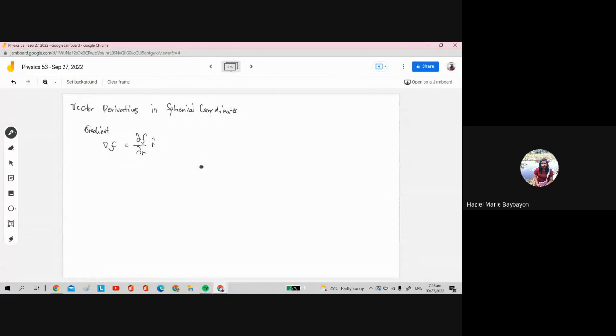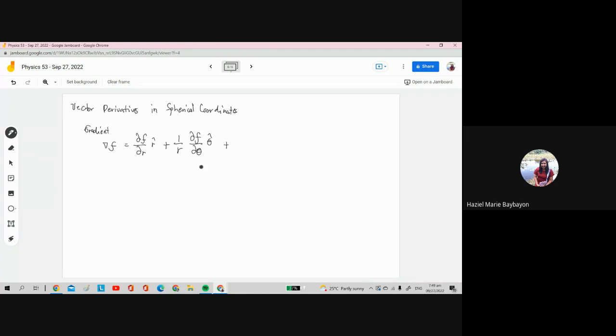kadumdum po mo sa expression sa gradient in terms of the Cartesian coordinates. Okay. So dili to siya ninyo dapat limtan. We have 1 over r partial derivative of the function with respect to theta, theta hat.